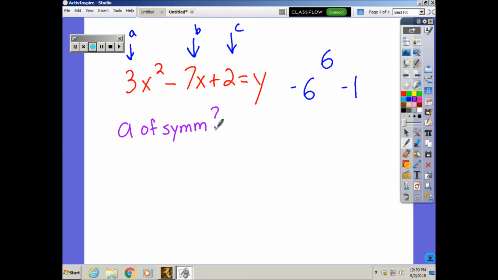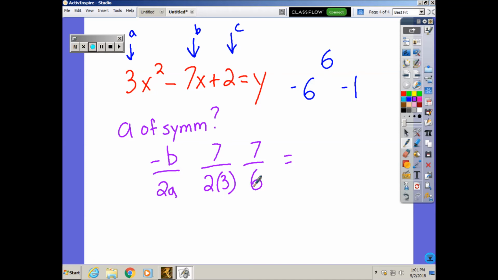The formula for axis of symmetry, put the phone away, is negative b over 2a. So the b coefficient is negative 7. Negative b means the opposite of b. The opposite of negative 7 is 7. 2 times 3 is 6.